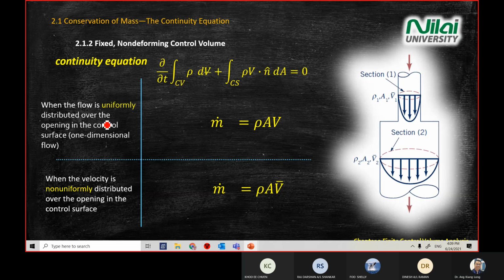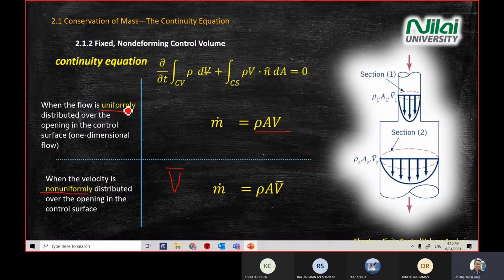All right. Another wording that you will see is uniform, or uniformly. When the flow is uniform, you will also use m dot equal to rho AV, meaning that you use rho AV in your calculation. However, when you see that the velocity is non-uniformly distributed, then we will use V hat.